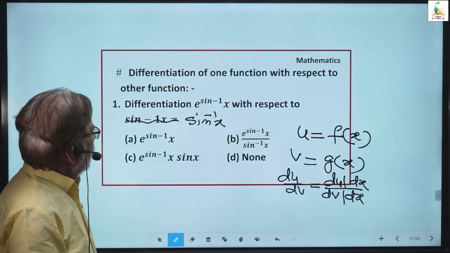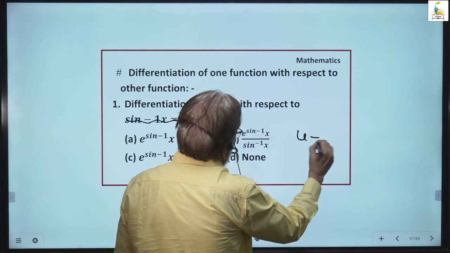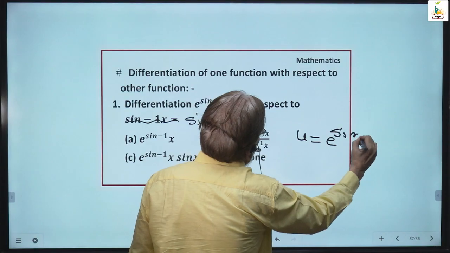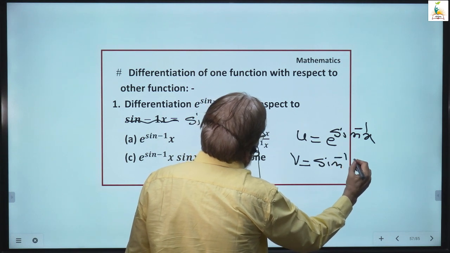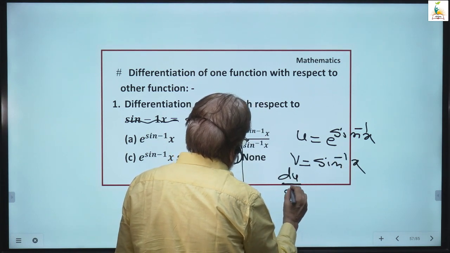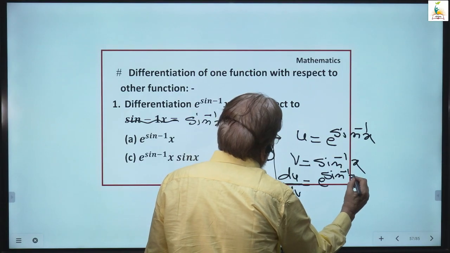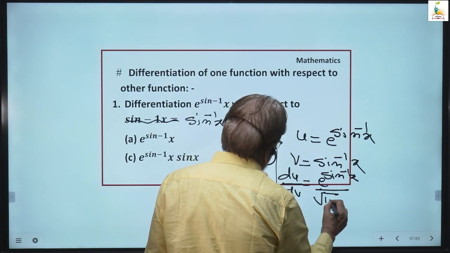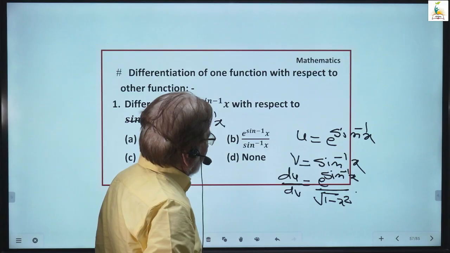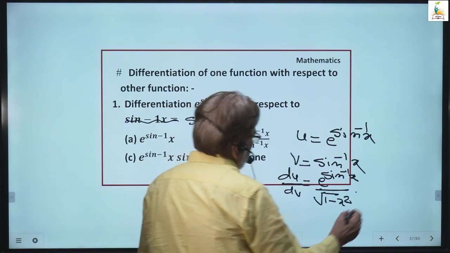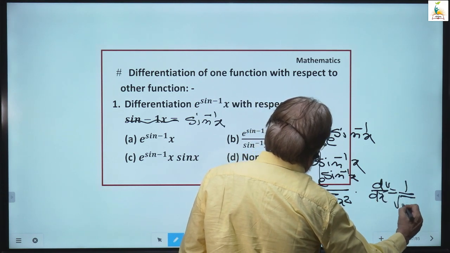If I put u equal to e raised to sine inverse x, v equal to sine inverse x, du upon dx is e raised to sine inverse x upon under root of 1 minus x square. dv upon dx will be equal to 1 upon under root of 1 minus x square.